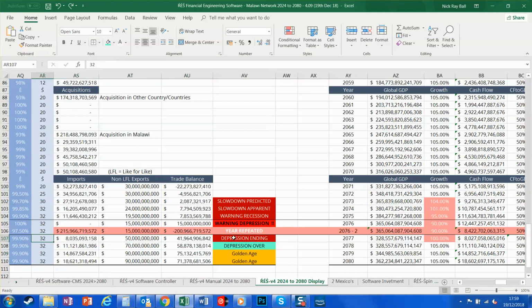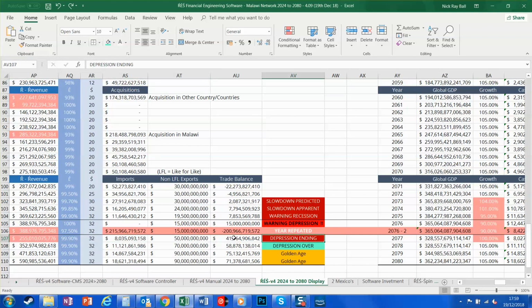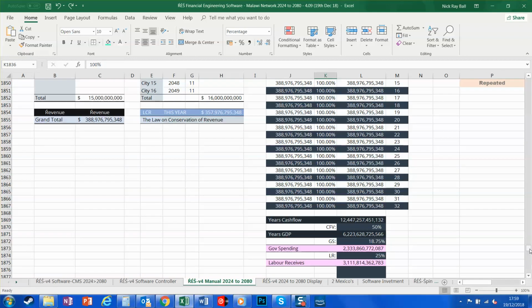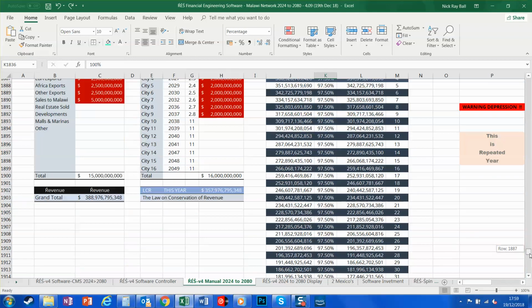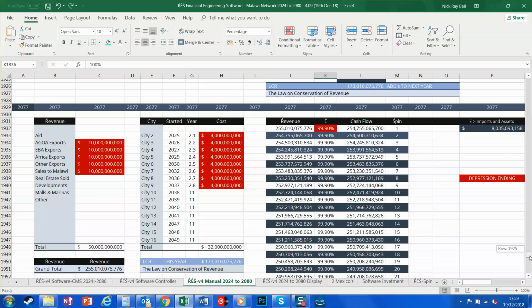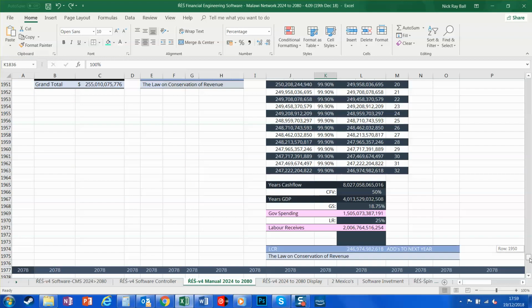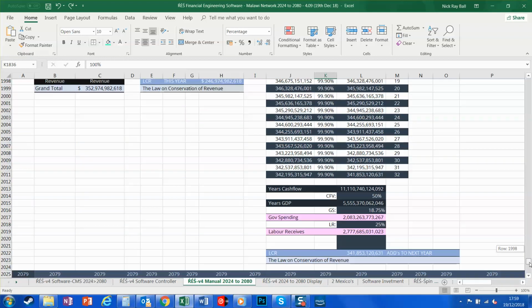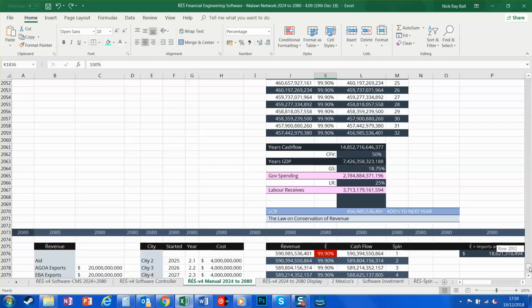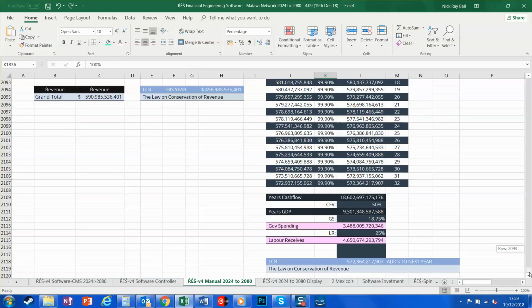And lastly, I mop it up with kicking it out with a little bit more high, 99.9E spin 32, just so we can show some really big gains in the last few years.